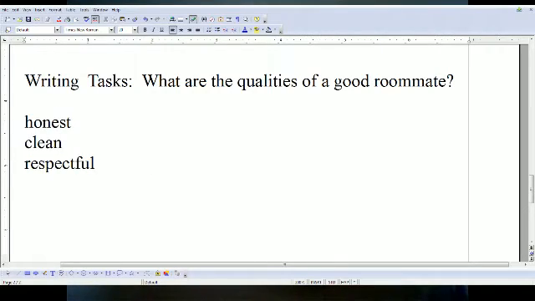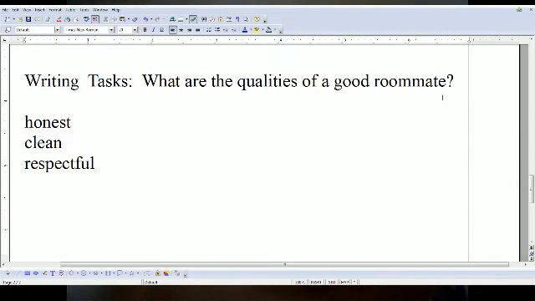respectful. Now notice when I was jotting down these, this is what you have to do when you're doing the TOEFL speaking and writing. You need to be able to jot down quickly some of the key points about which you want to write and make sure, for example, here honest is an adjective, clean is an adjective, and respectful is an adjective. It makes it easier if you can keep these words parallel.